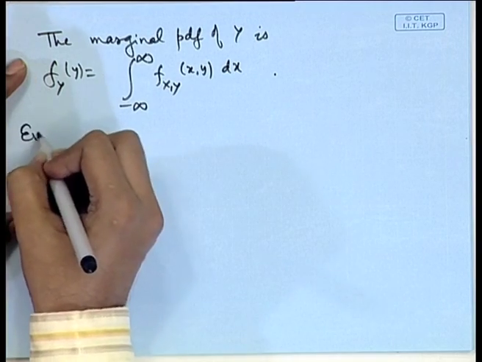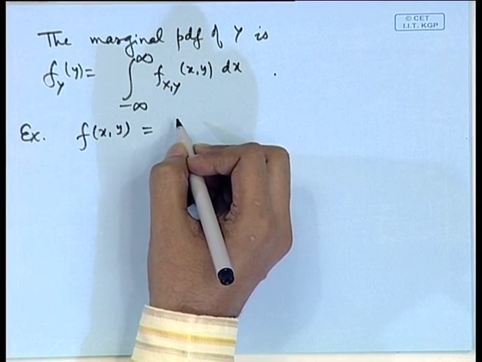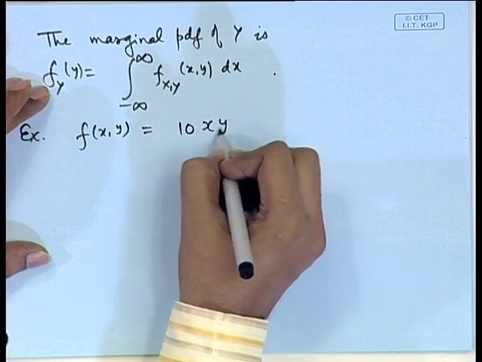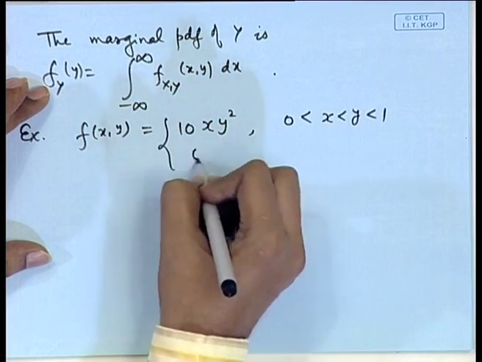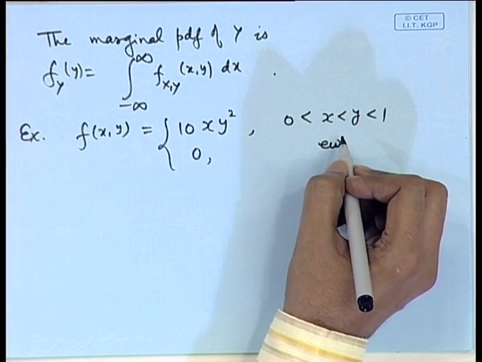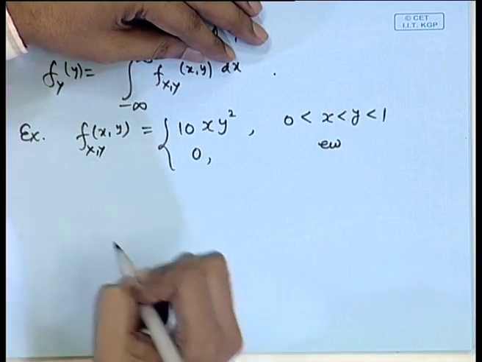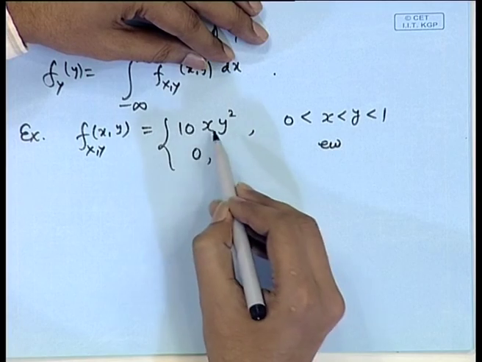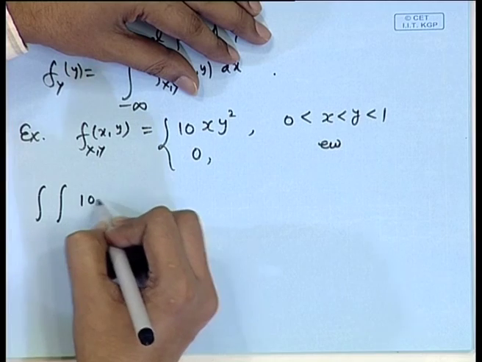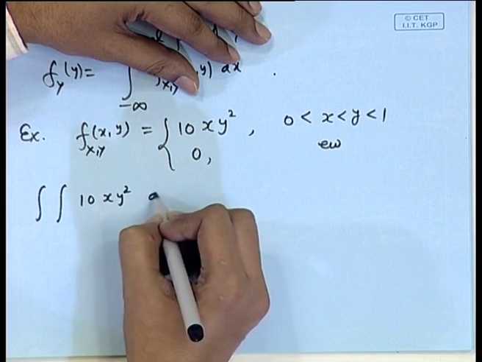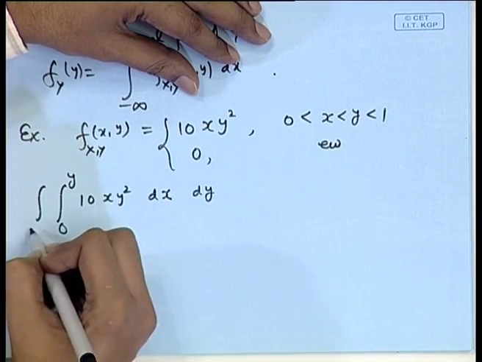Let us take an example, say f(x,y) is equal to 10 x y square, 0 less than x less than y less than 1, and it is 0 elsewhere. Let us analyze this PDF. First of all, is it a valid PDF? You can see that the values are non-negative, and if I take the integral over the full range, if I integrate with respect to x first, then it will be 0 to y, and then the range of y will be 0 to 1.